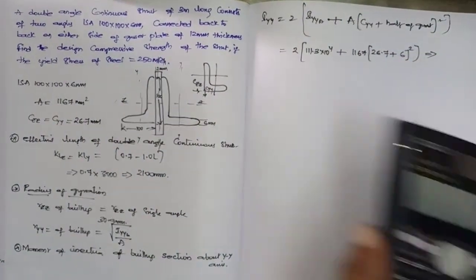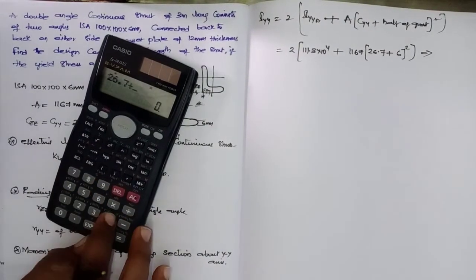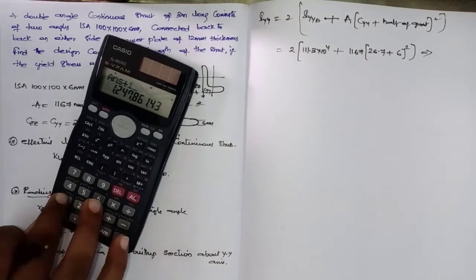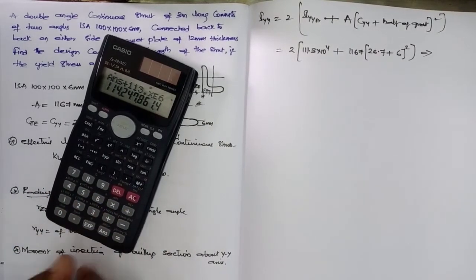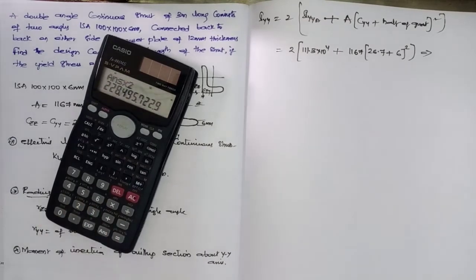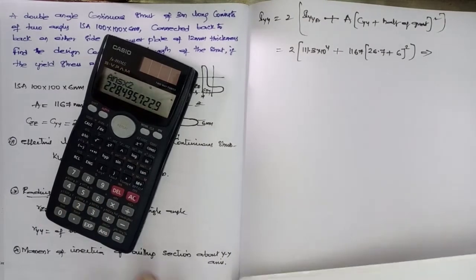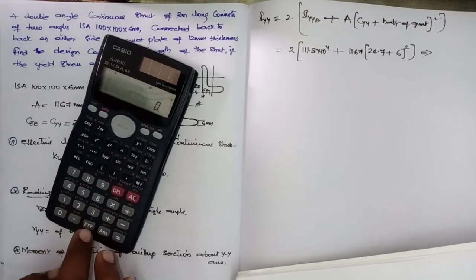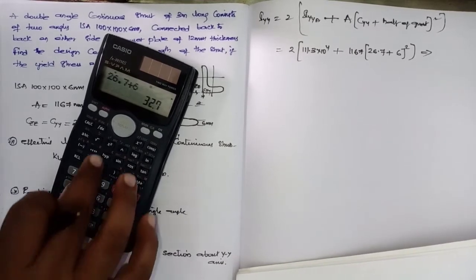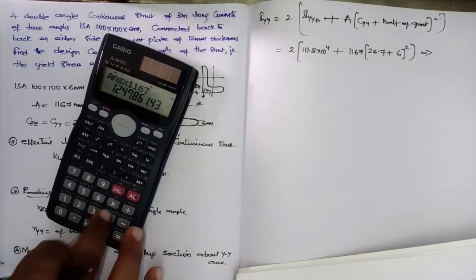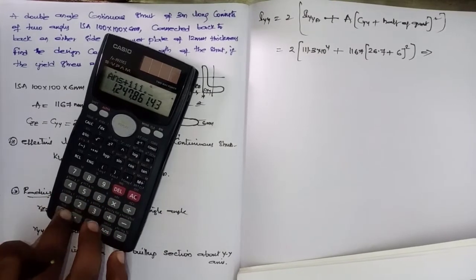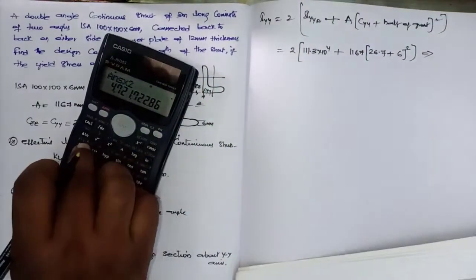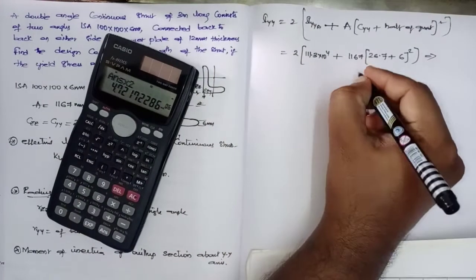If you solve this, (26.7 plus 6) square into 1167 plus 111.3 into 10 power 4, into 2. Always write in terms of mm power 4.